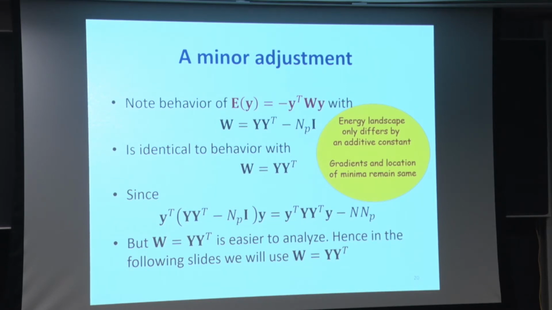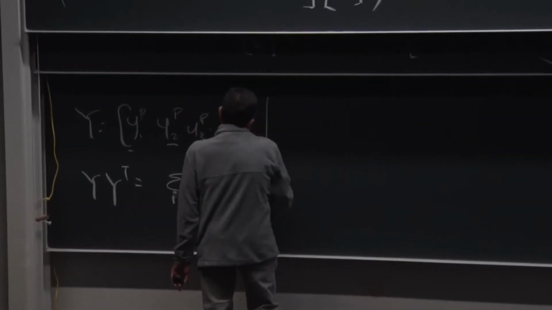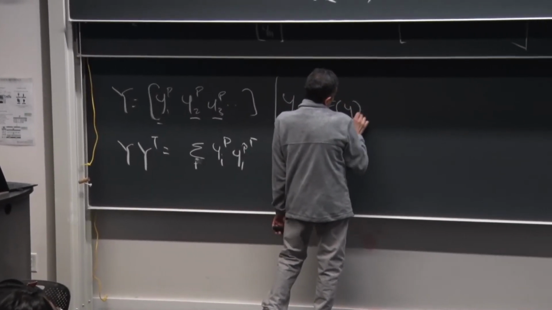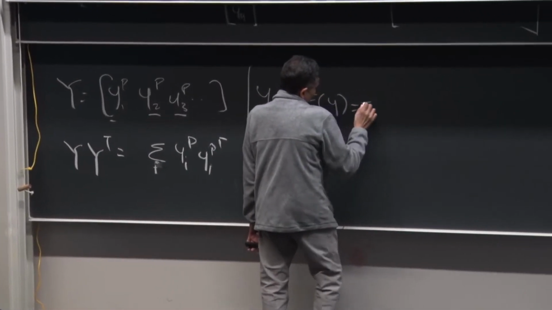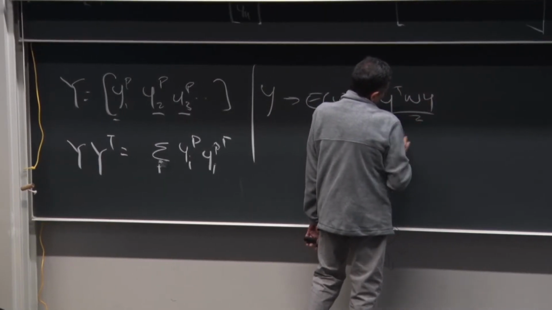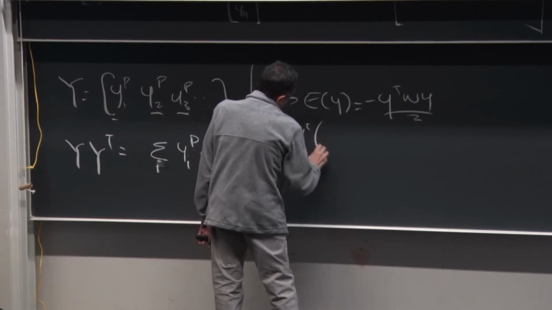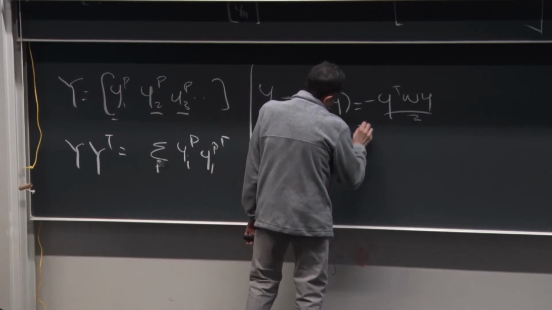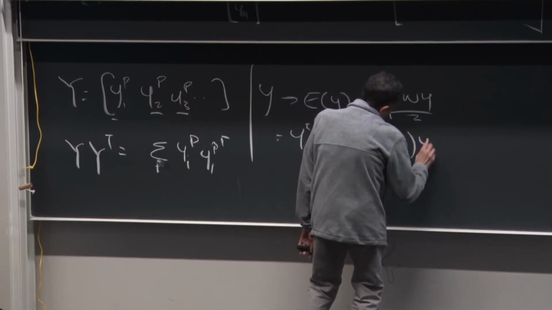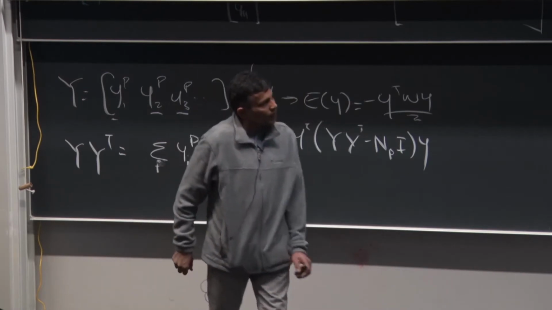If I'm trying to store any pattern Y, for any pattern Y, the energy of Y is minus Y transpose WY over 2. So this is going to be Y transpose times YY transpose minus NPI times Y. Well, this is basically what I've got written on the slide, right?